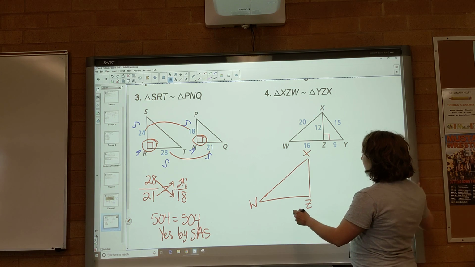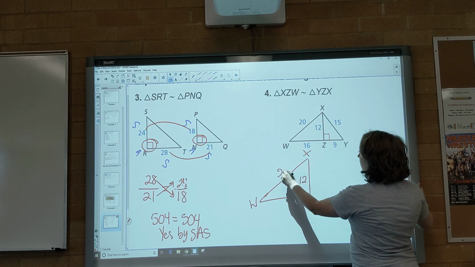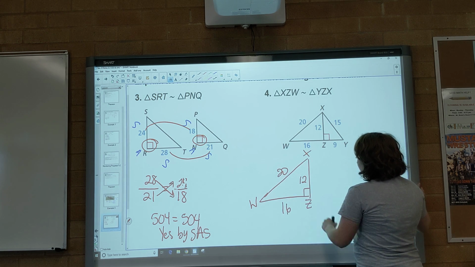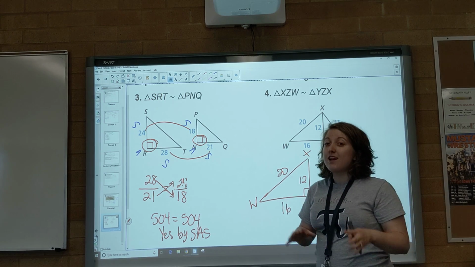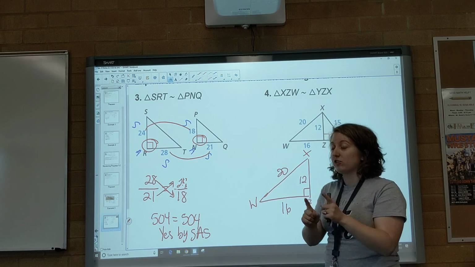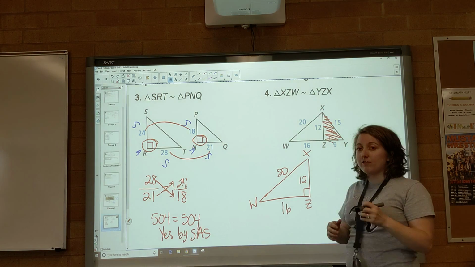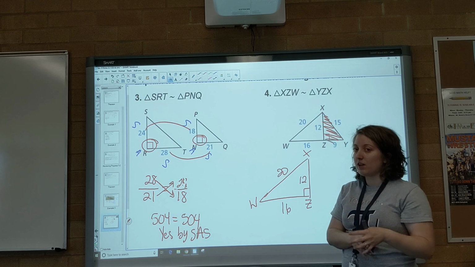Okay, and then I know that the 12 goes here on this side, the 20 goes here, and the 16 goes here. Okay, now I am going to draw my next triangle not like the picture. So I'm not going to look at this picture because that's going to really confuse me when I'm trying to make sure to match up the sides and everything.